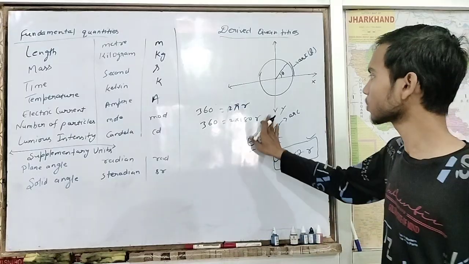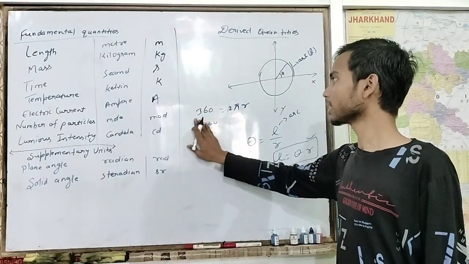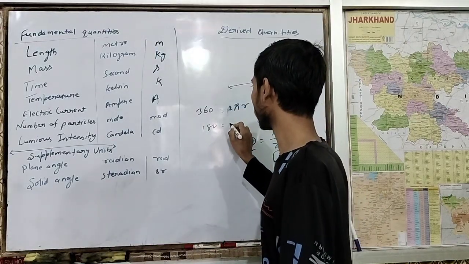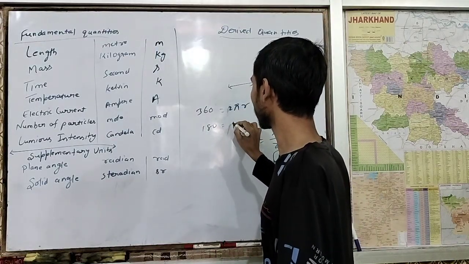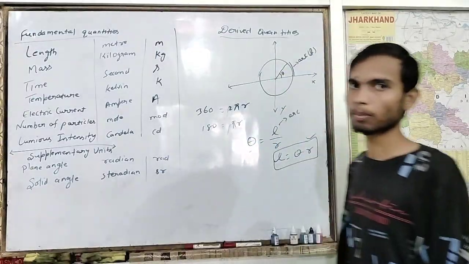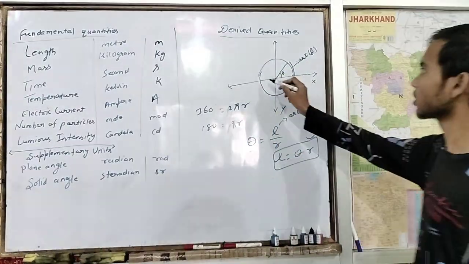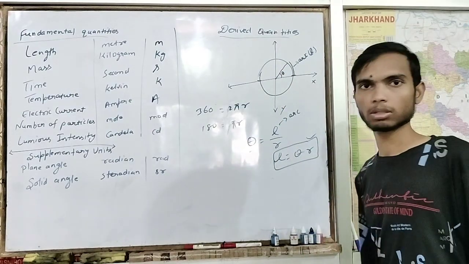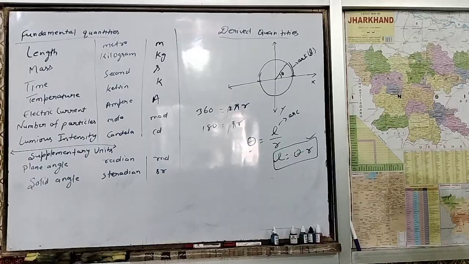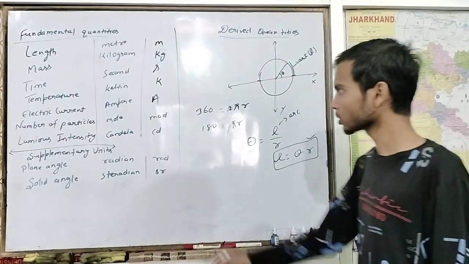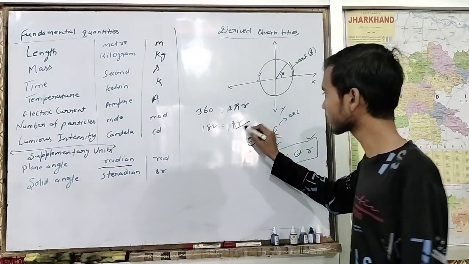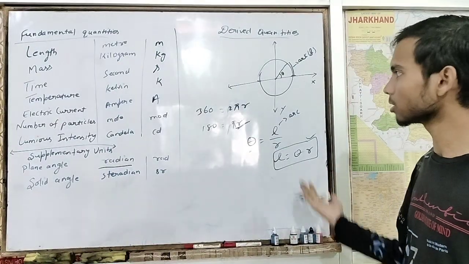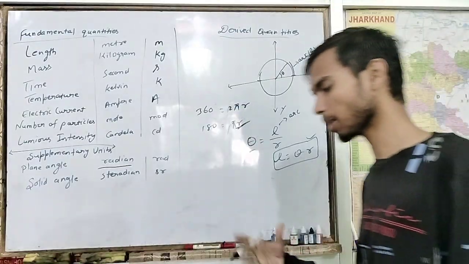That's why you can say 2 pi radian is equal to 360 degrees and 180 degrees is equal to 1 pi radian. From here, this half is 1 pi and this other half is another pi, so you get 2 pi. This radian is what we are talking about, and details we will see in a separate lecture.